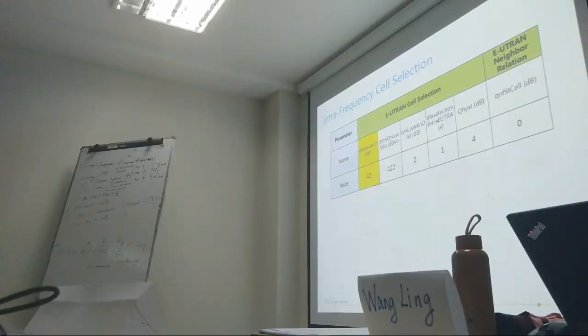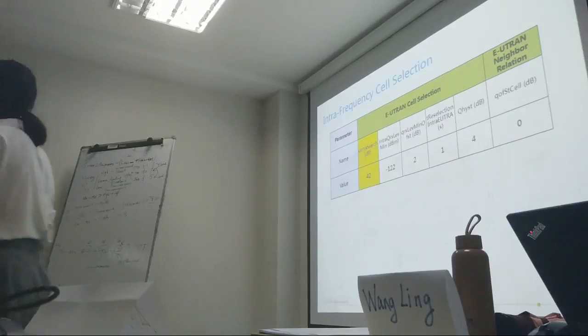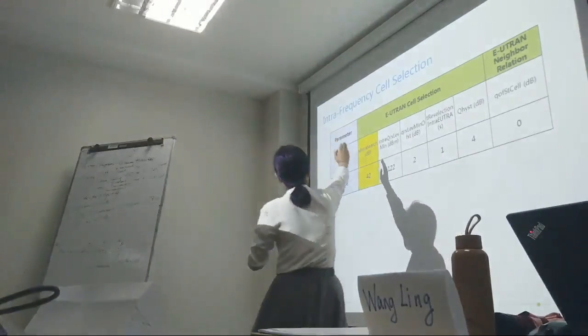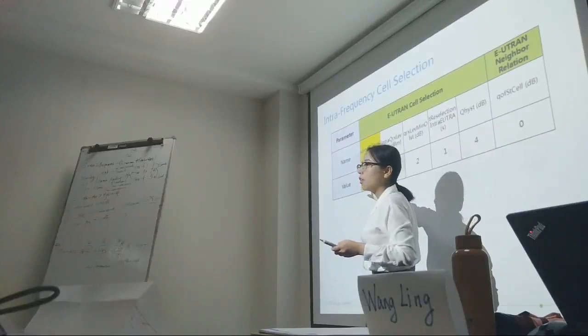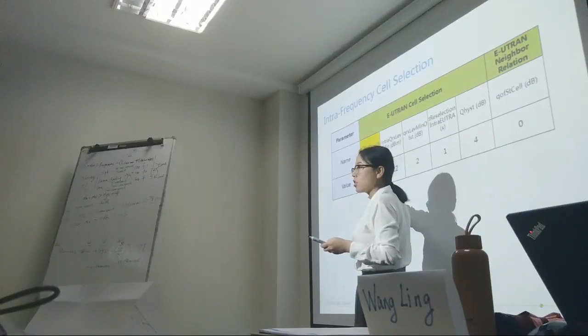Do you remember the different SIBs contain different information? SIB 1 is for cell selection. SIB 2 is the common channel parameters. SIB 3 is the cell reselection. So now this is for the serving cell.